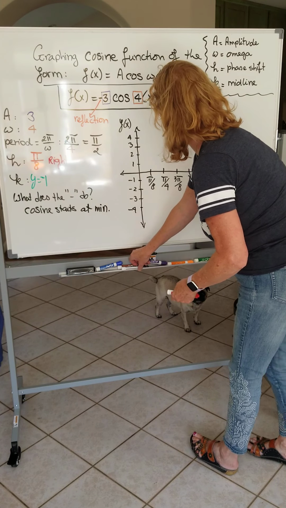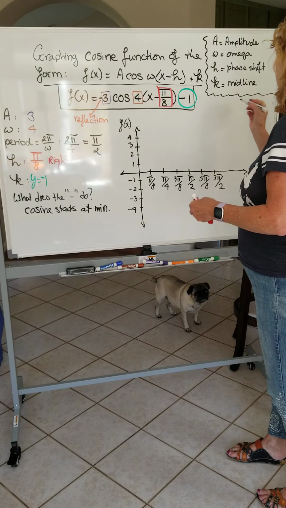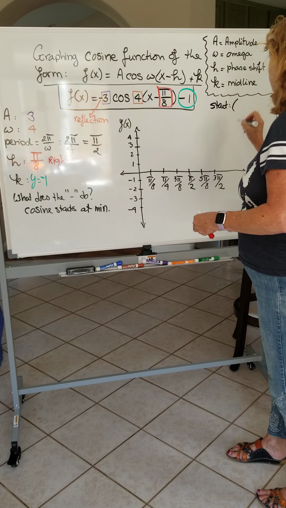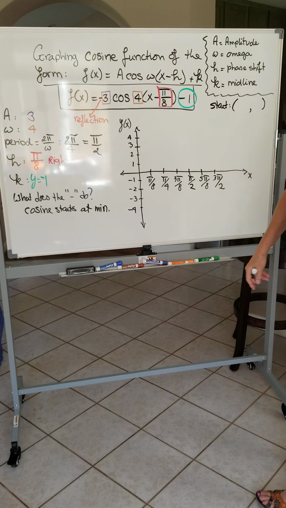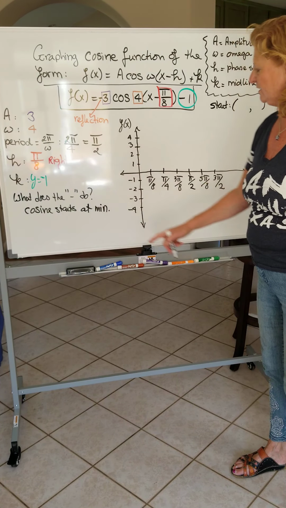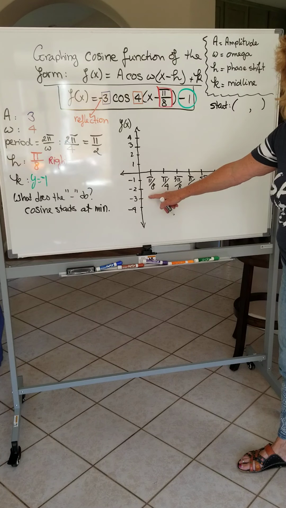Actually, no. Let's talk about starting point and end point. So where does my function start? Well, we know that we have a phase shift pi over 8 to the right, and as you see along my x-axis, I've used the scale of pi over 8.